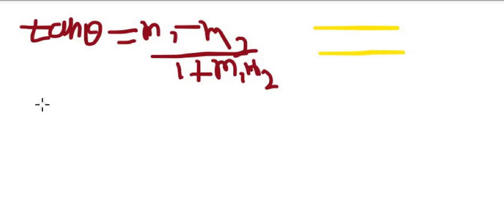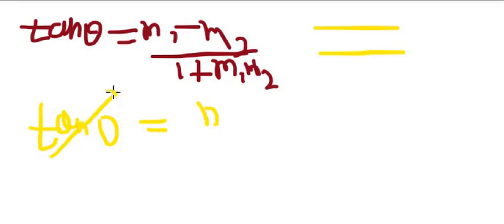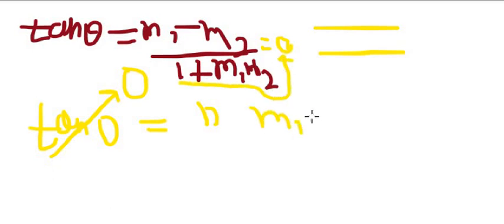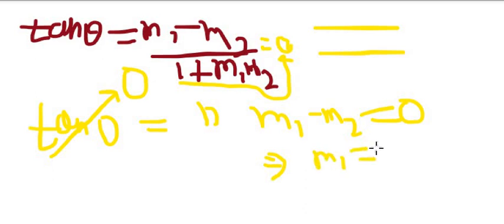So if we put tan 0 equal to this very equation, tan 0 is basically what? Tan 0 is 0. So this will be equal to 0. So 1 plus m1 m2 goes to the other side, and we conclude that m1 minus m2 is equal to 0. So from here I conclude that m1 is equal to m2.